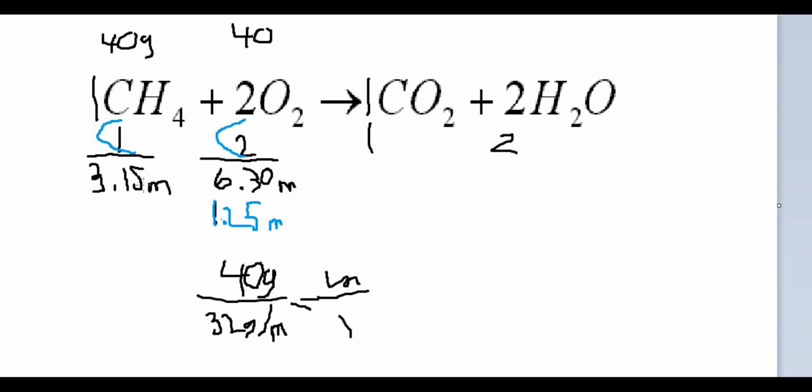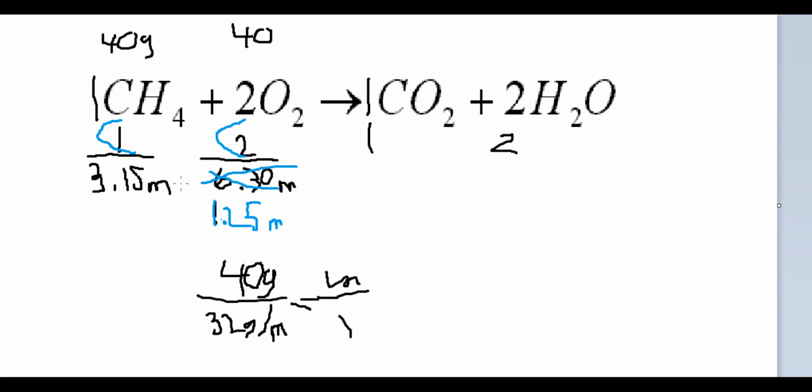So if 3.15 is 1 and 2 is 6.30, and we actually found that we only have not 6.30 but 1.25, then this would be the limiting reagent because it is less than what is ideal.